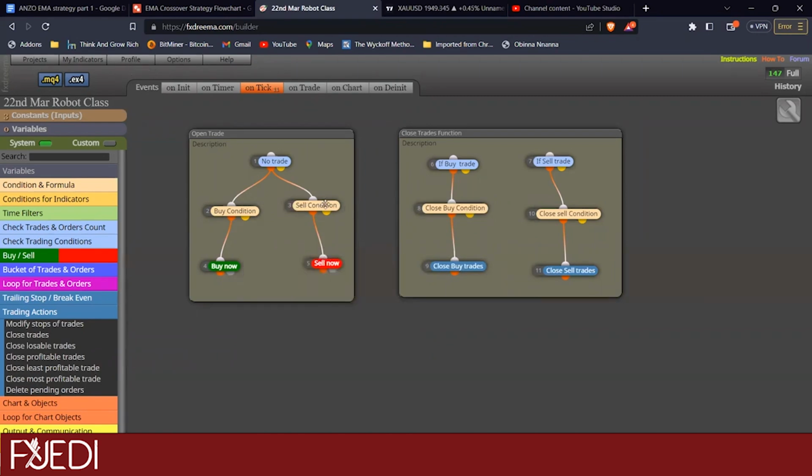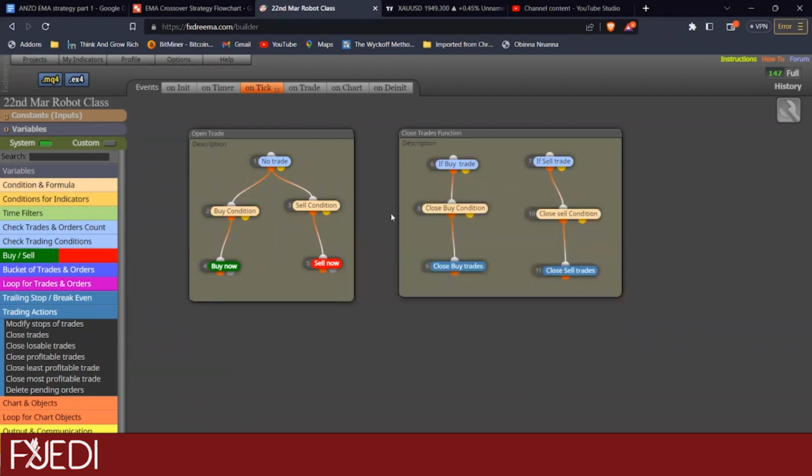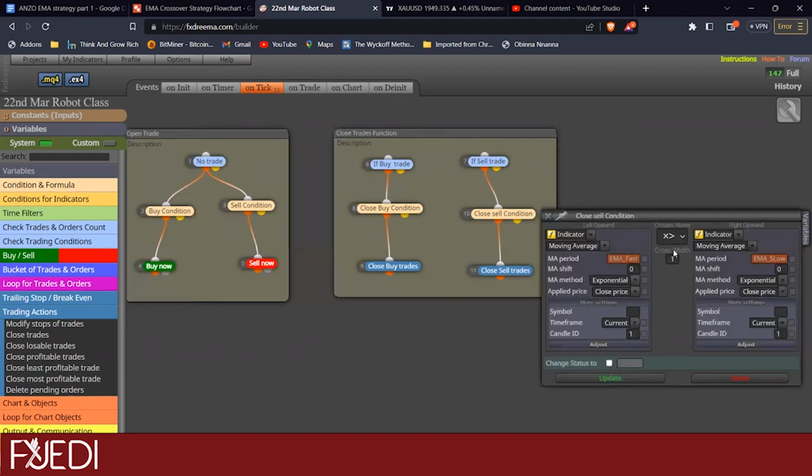And then for the sell, if the fast crosses below the slow, we look to sell. Looks good. So the opening of the trade is okay. The closing of the trade, how we manage the close trade, I think that's where the challenge is. Now, there was a sell trade, and it's supposed to close that sell trade when the fast moving average crosses above the slow. Okay, it looks good to me.